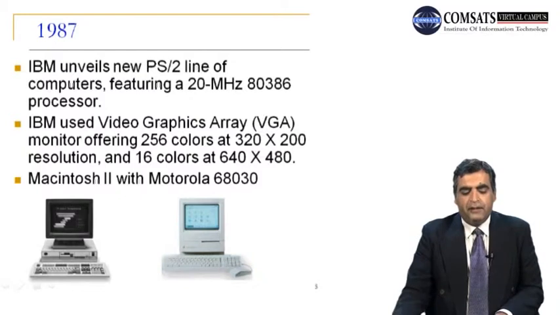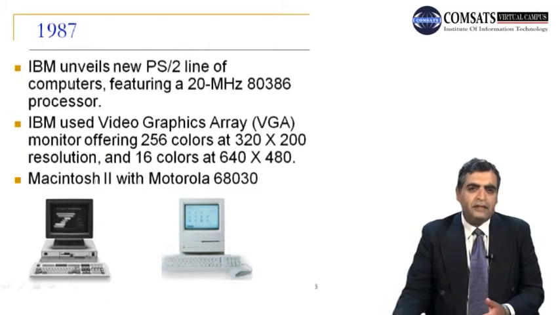In the same year, the Apple Macintosh II was launched. It used the Motorola 68030 series of microprocessors, which are different from Intel. So the IBM PCs and the Apple Macintosh II are two different personal computers. Software that works on the IBM PC cannot be used on the Apple Macintosh II.